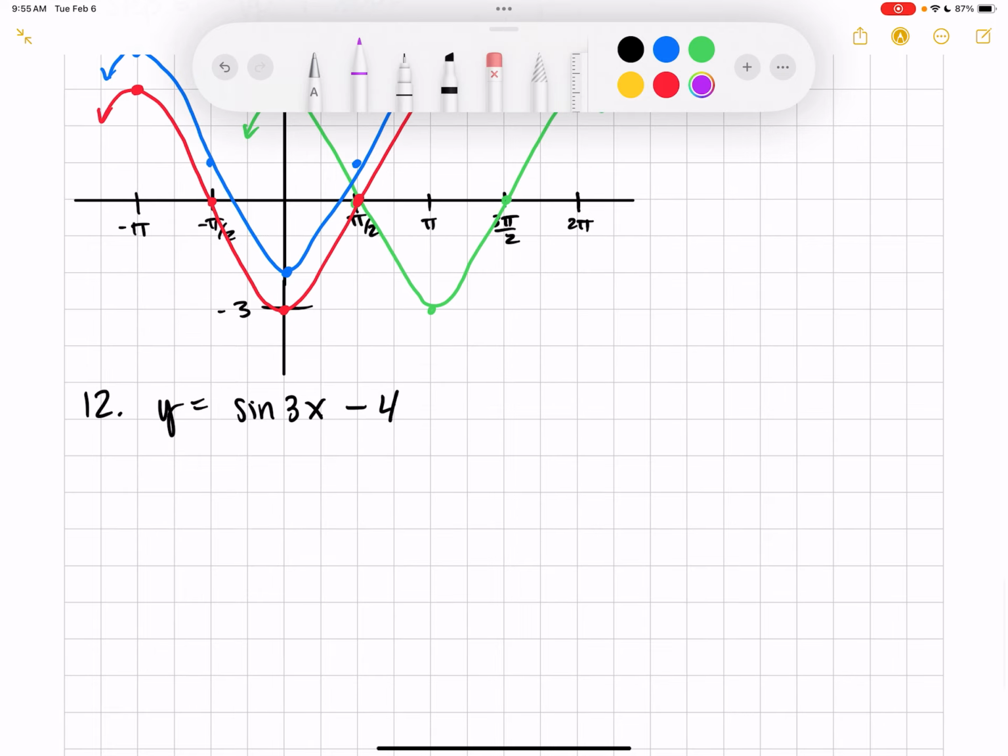So amplitude is what? 1. Step 2. The period is what? 2 pi over 3.